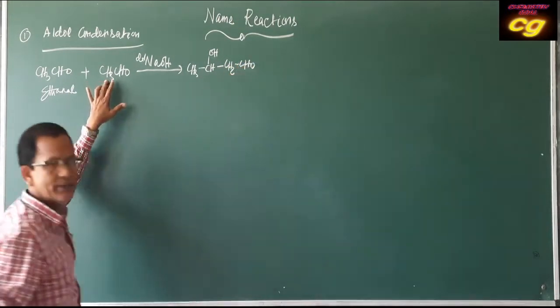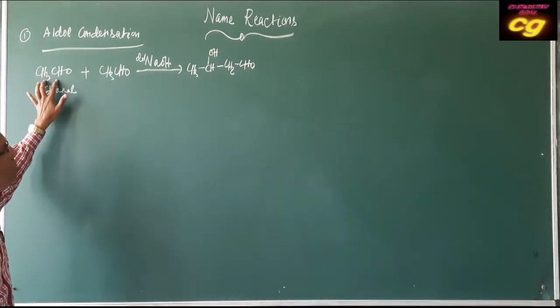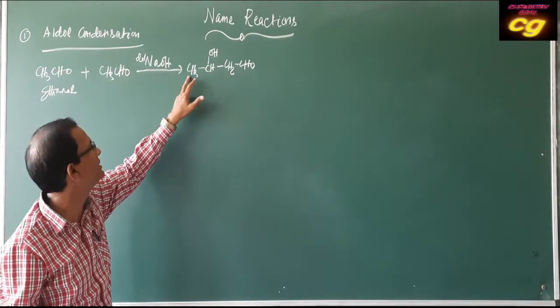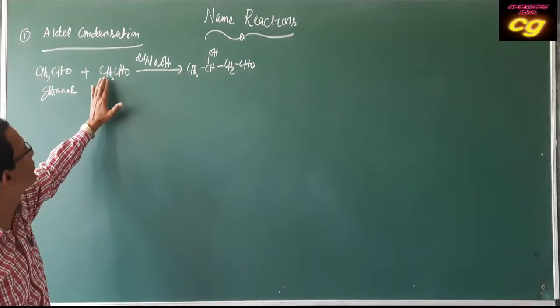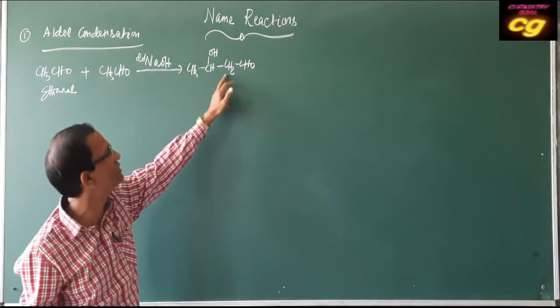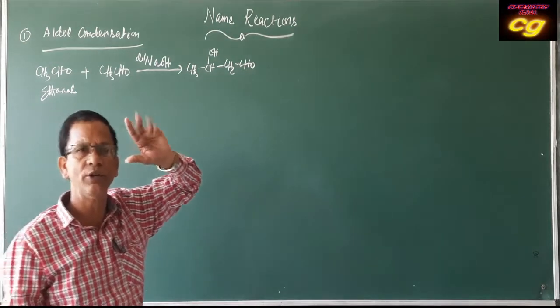This is the technique. First, the same compound is repeated, CH3 CH, O becomes OH, and that H comes from here, so the remaining is CH2 CHO. And the mechanism we already discussed.